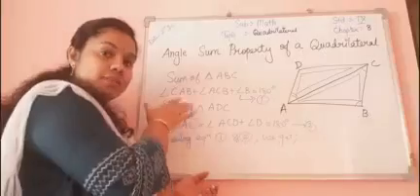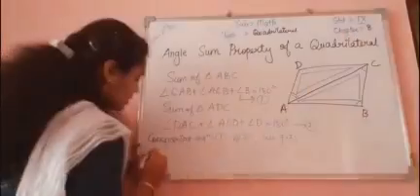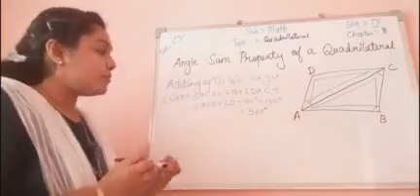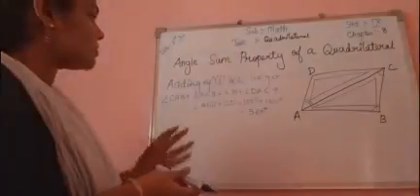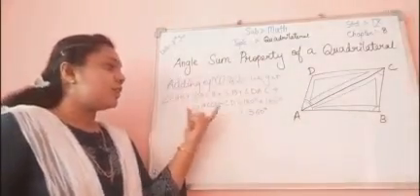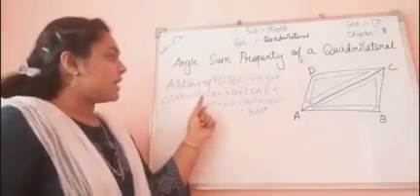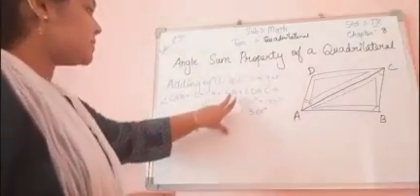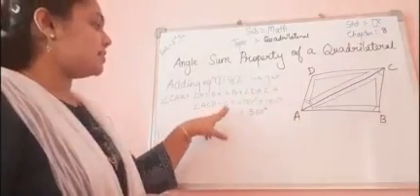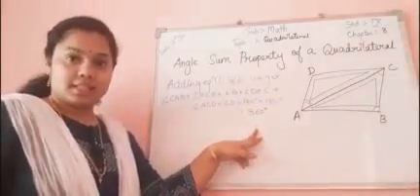What is on the left side, we write on the left side itself. So from adding equations 1 and 2, we got angle CAB plus angle ACB plus angle B plus angle DAC plus angle ACD plus angle D is equal to 180 plus 180, which is 360 degrees.